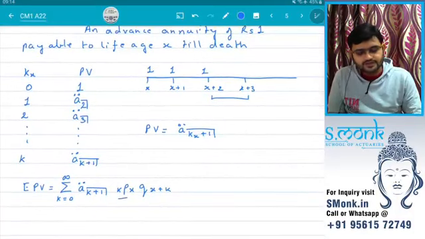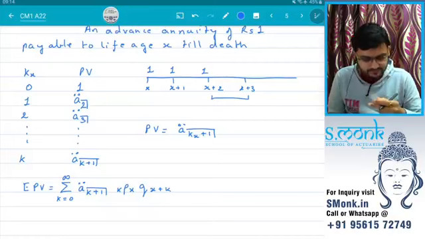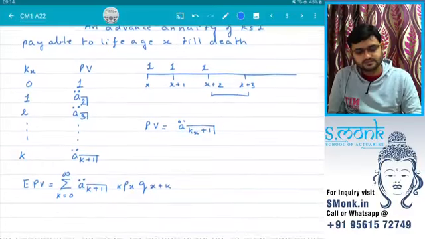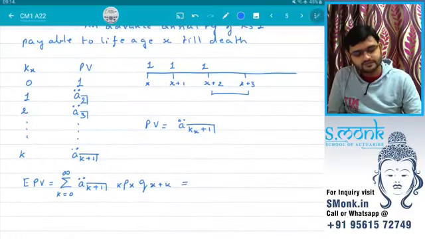So if the person survives for k years and dies within the next year, the payment of this much would be given to that person. We write this as A due x.